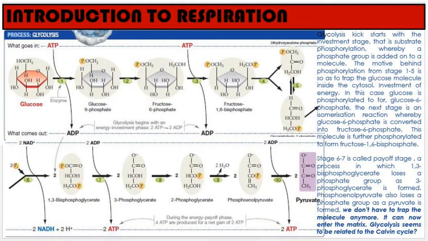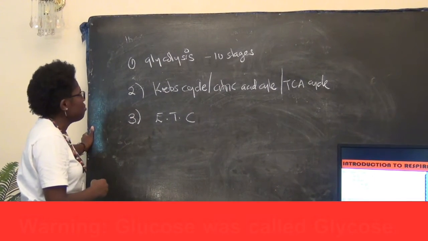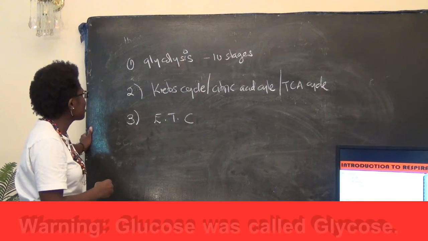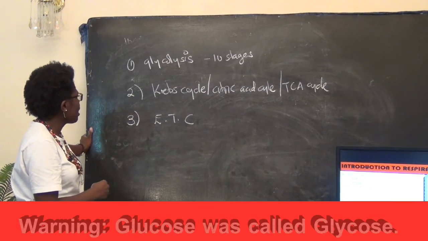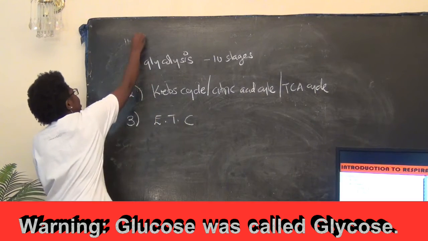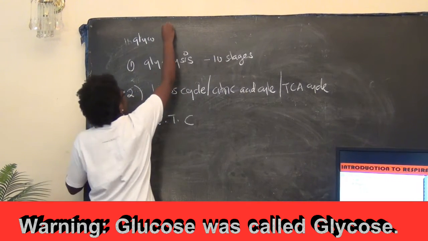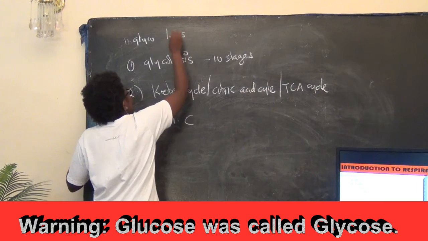So the glycolysis involves 10 stages, which we shall get into later on, but maybe as a matter of clarity, when you look at the word glycolysis, it is a fusion of two words, that is glyco and lysis.